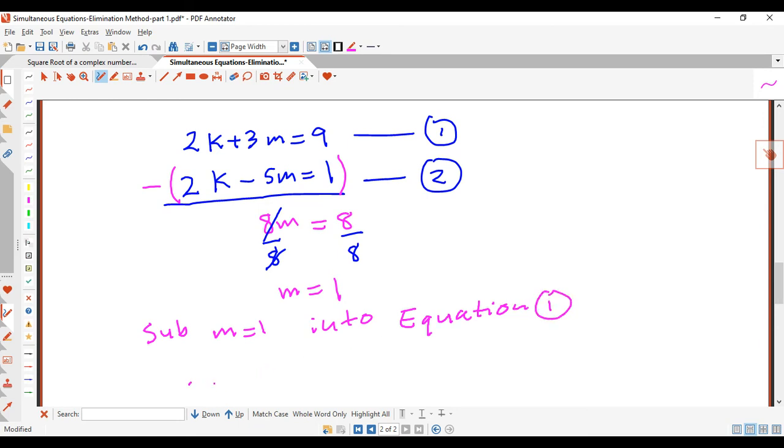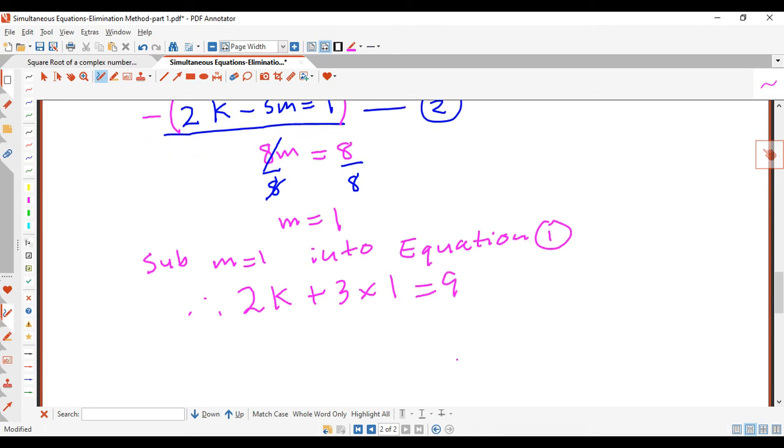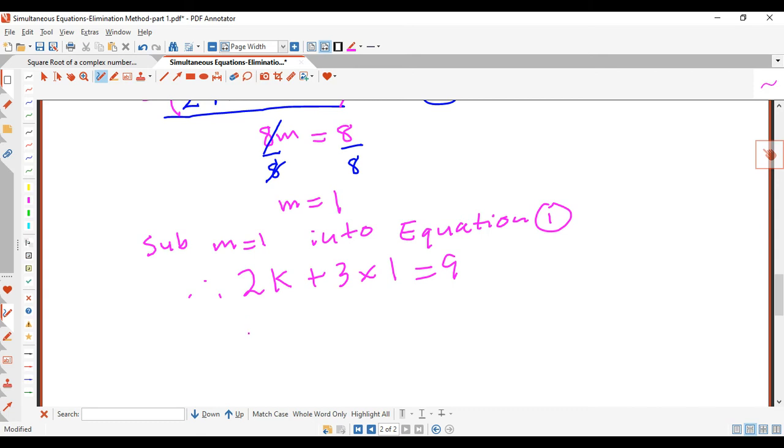So therefore 2k plus 3 times 1 equals 9. Right, that gives me 2k plus 3 equals 9. Right?